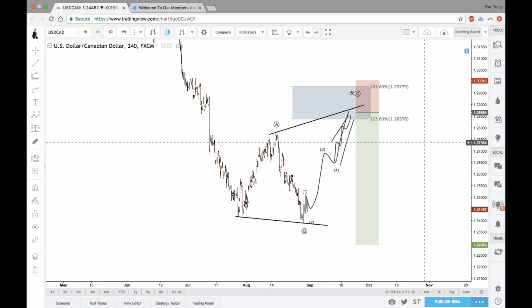Can you follow? Yeah, so that's the process of how you can start to expect or forecast a flat.